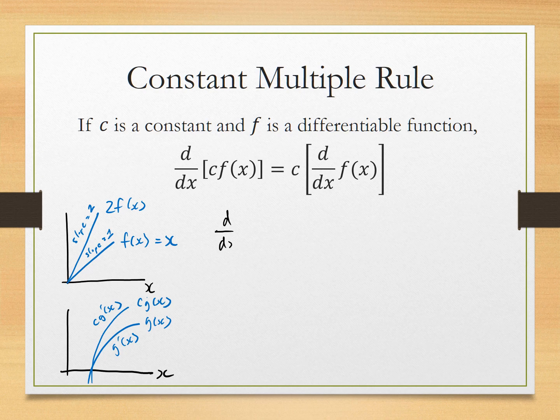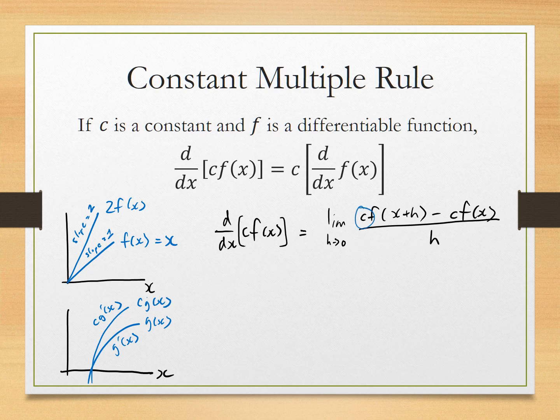So d/dx of c f(x), what would it be? It would be the limit as h approaches 0 of c f(x plus h) minus c f(x) over h. Well, you have a c here, you have a c here.